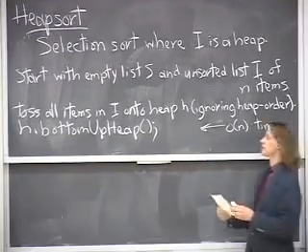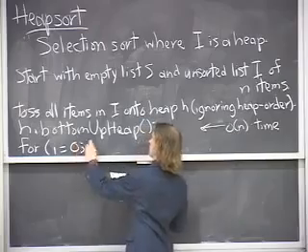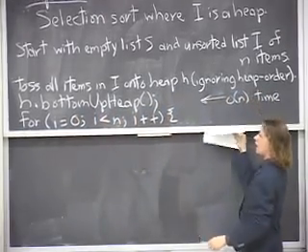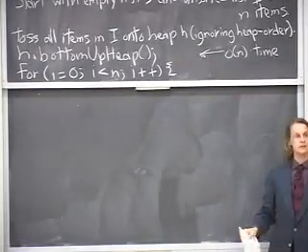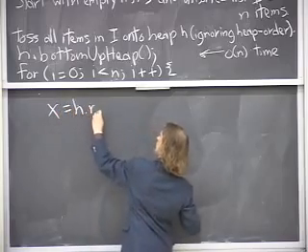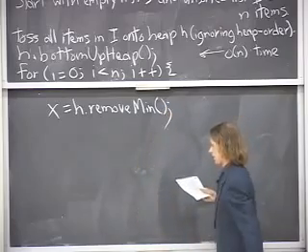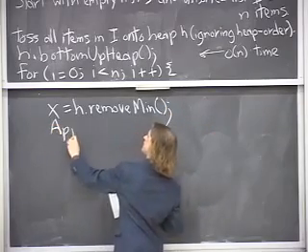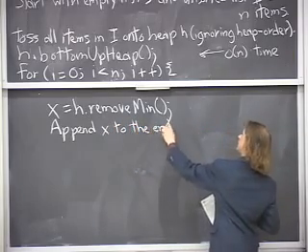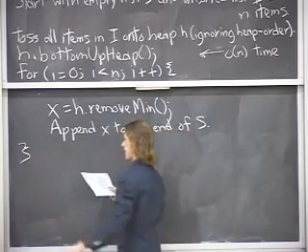Then once I've done that, I just loop as in selection sort. And now I do my select with the removemin operation. And as usual, append x to the end of S. And that's that.